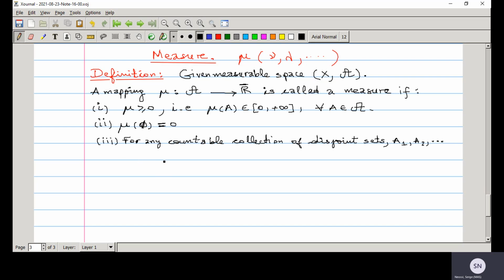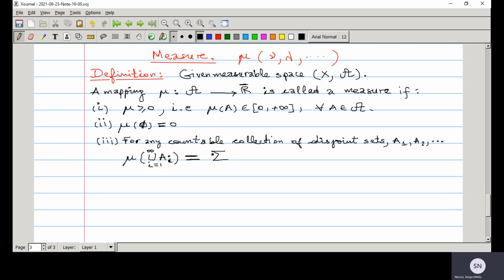Then mu of the union of the A_i is equal to the sum.